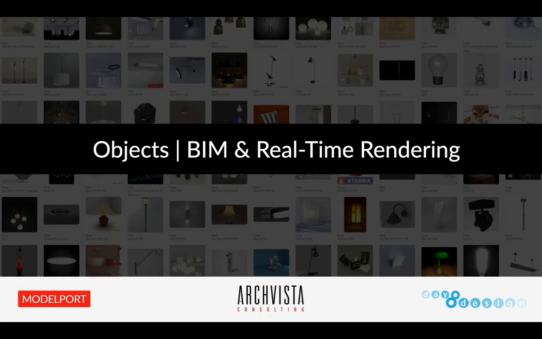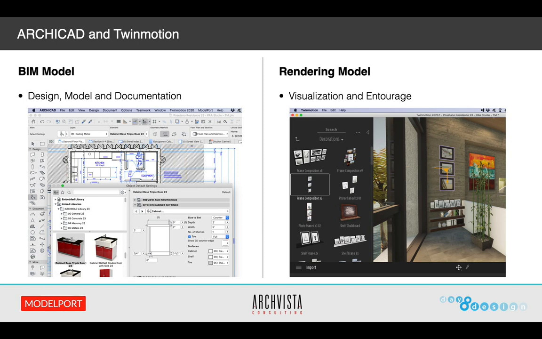So I'll start with just an overview of objects in relationship to BIM and real-time rendering. When you're talking about Archicad and Twinmotion, you're really talking on the one side about the BIM model and on the other side about a rendering model.